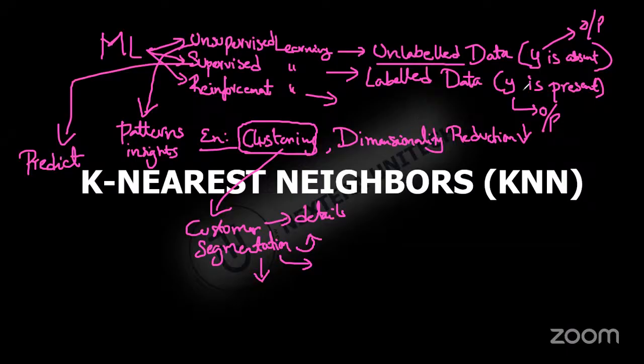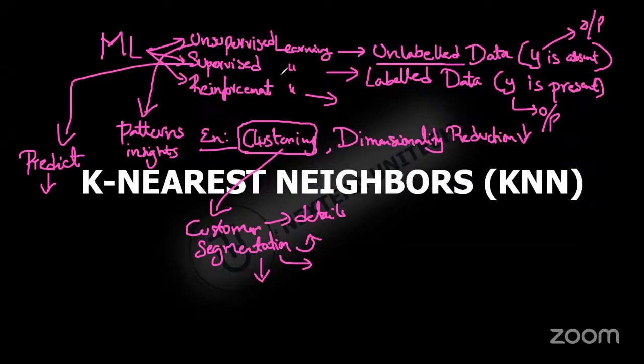When you have the output, we train the model in such a way as to predict the future. That is how we are able to predict temperature, and we are able to predict which team will win. In real time, supervised learning algorithms are widely used, guys, compared to unsupervised learning.